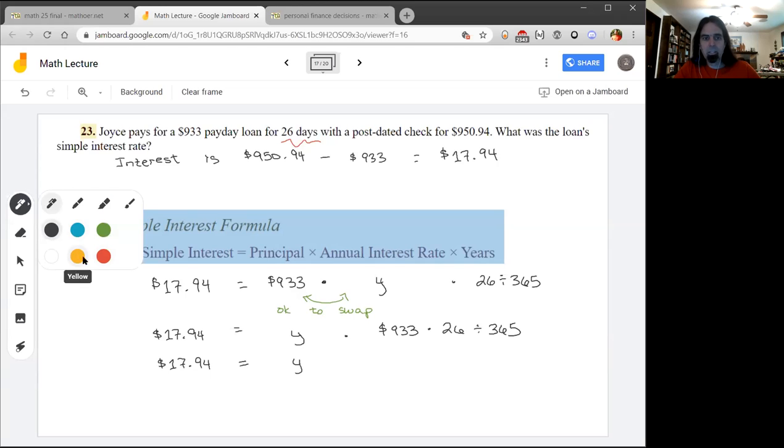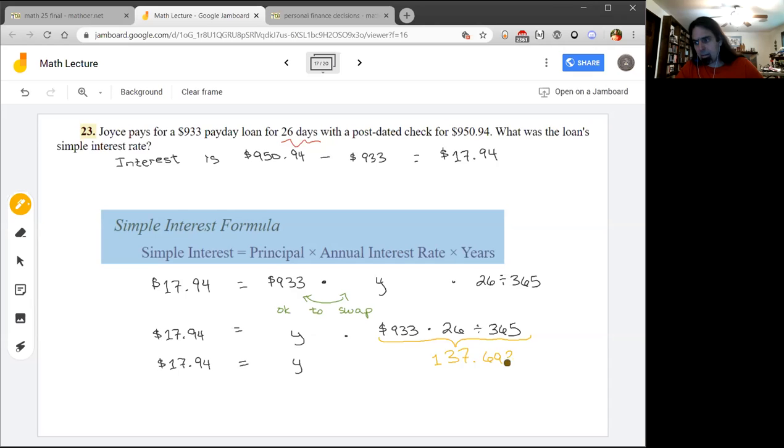And then all of this I can write as one number. So that's why we're now having y times that. So I need to divide both sides by that to get y by itself.